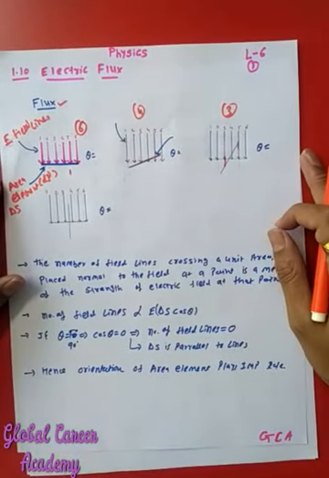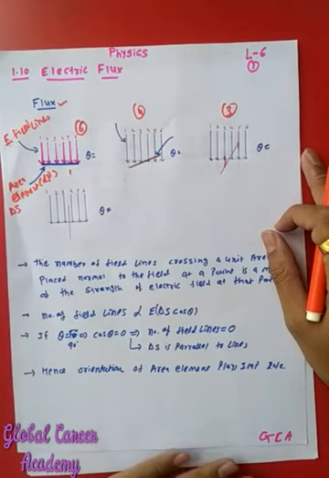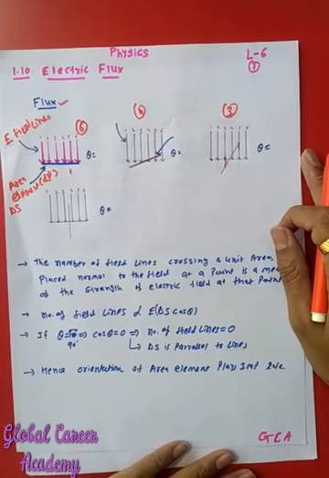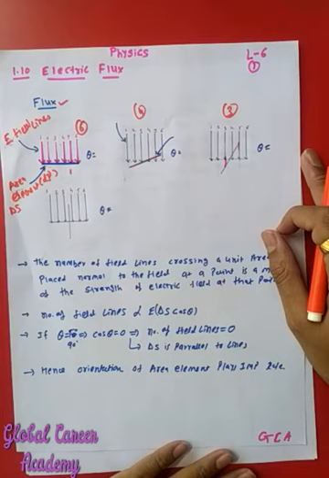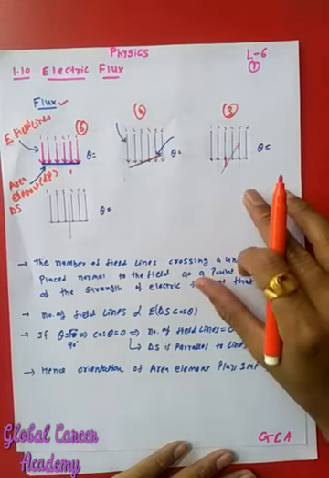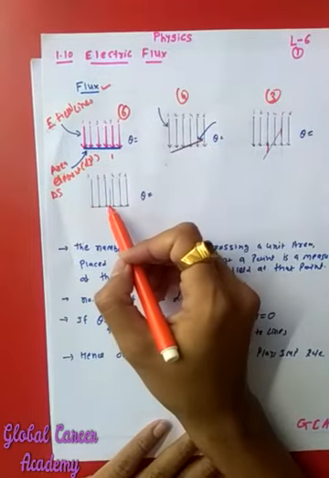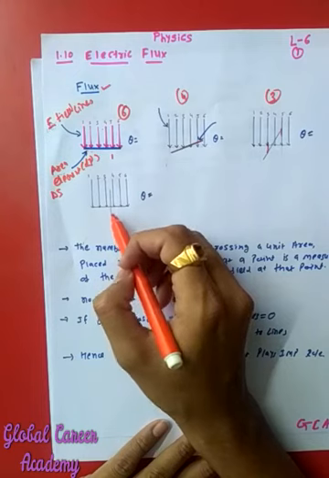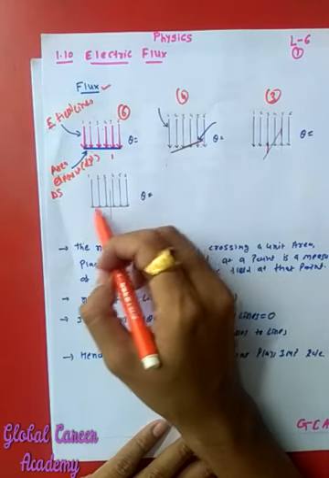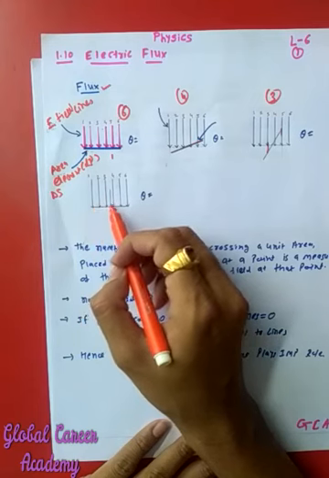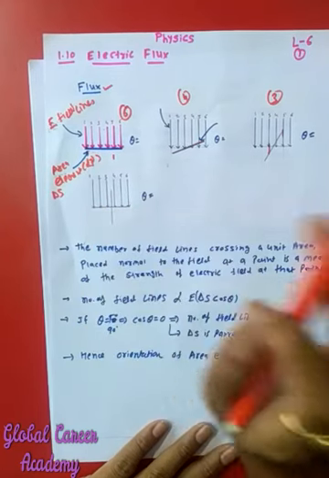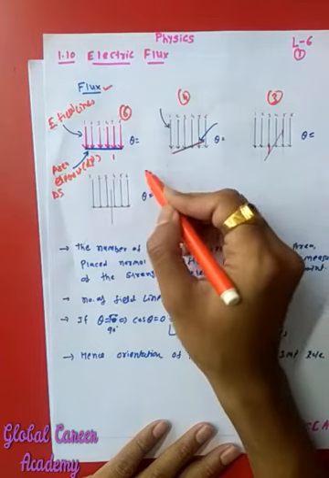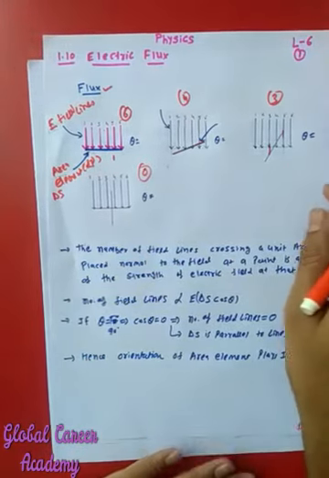What I am trying to tell you is, as you increase the angle and tilt the area element, the number of lines passing through the area decreases. If we consider the last case, in which I have fully tilted and put the area element parallel to the electric field lines, then no lines are passing, so the answer is 0.